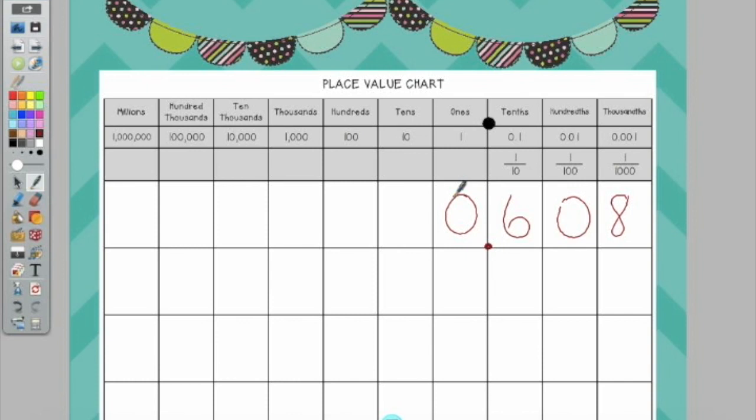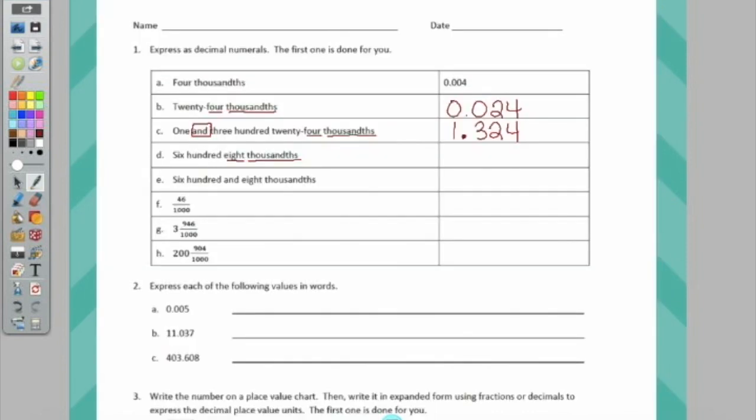Are you writing them on the place value chart? It's gonna make it a lot simpler. So 608 thousandths. See the word and? Lexi, the one before D, it's 600 thousandths, not 600 or 60. Okay, they're trying to mess you up. I'm glad you asked that, because that's happening a lot.